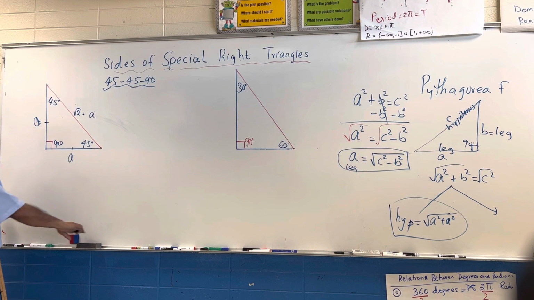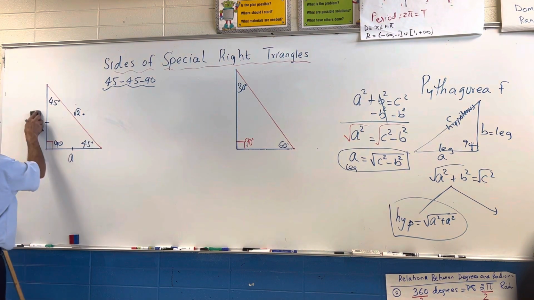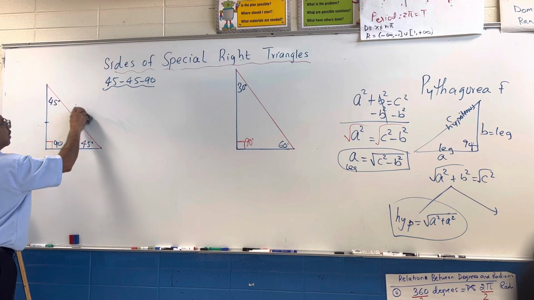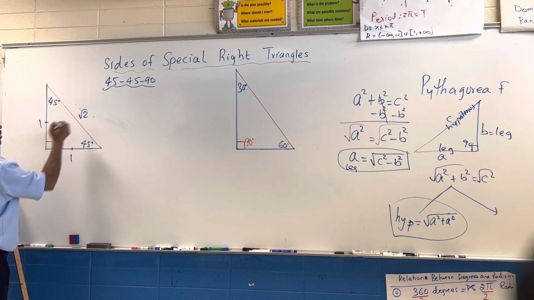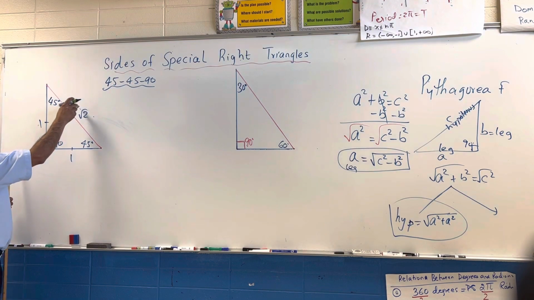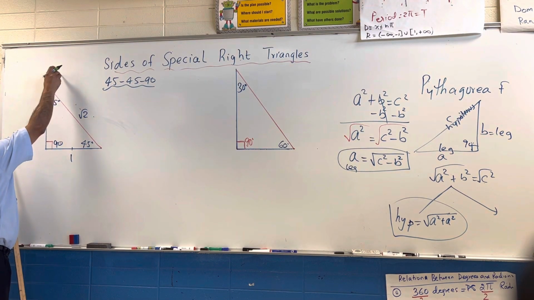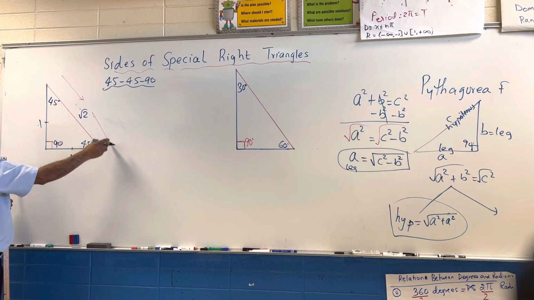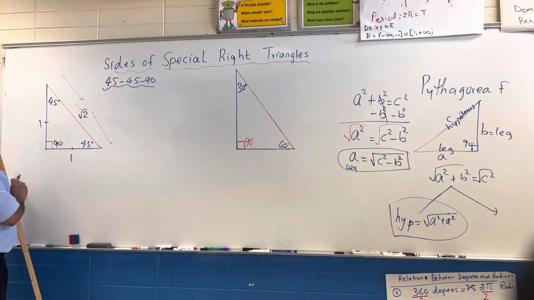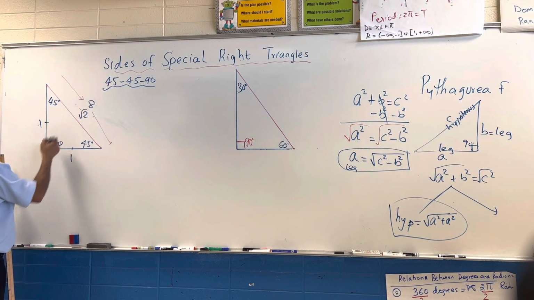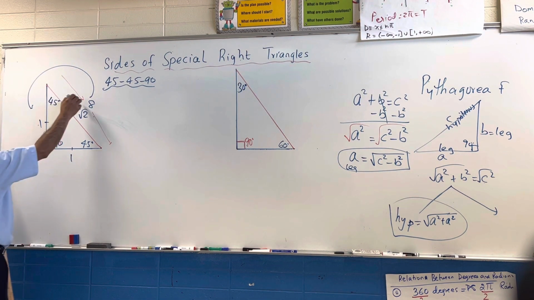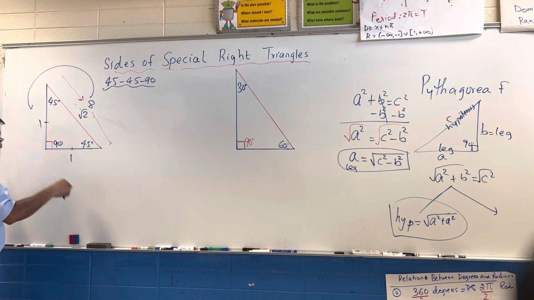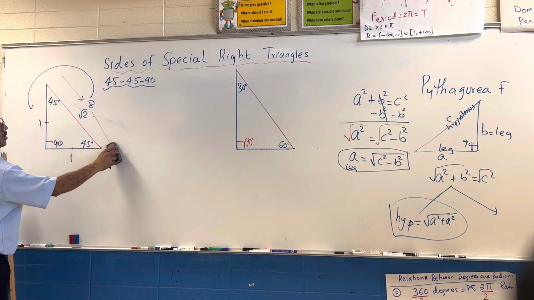But how do we go backwards? If this is 1 and this is 1 and this is the square root of 2, what if they give us the hypotenuse? Let's say this side is given as 8. How do I figure out what this one is? This formula can be changed.